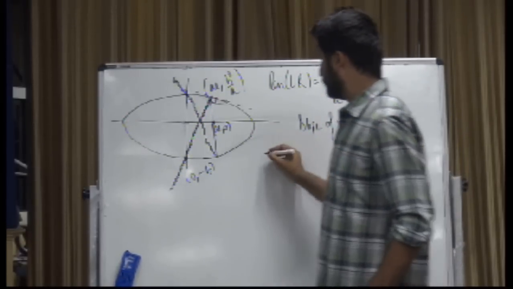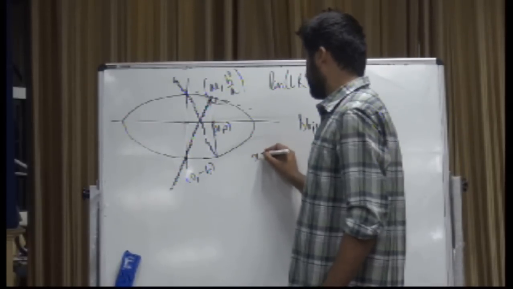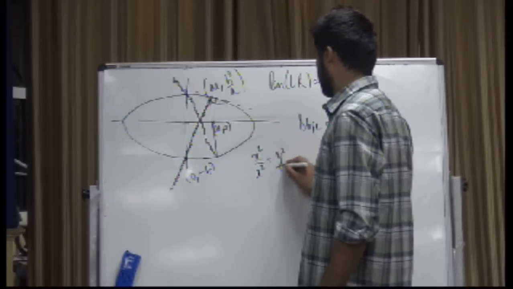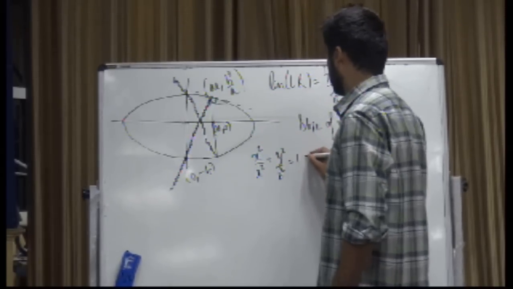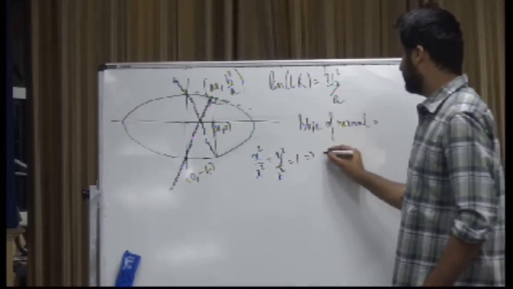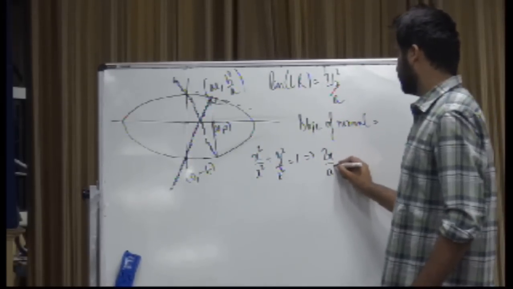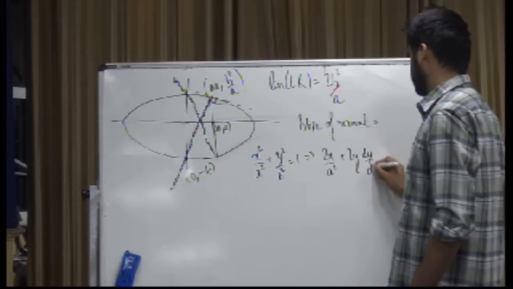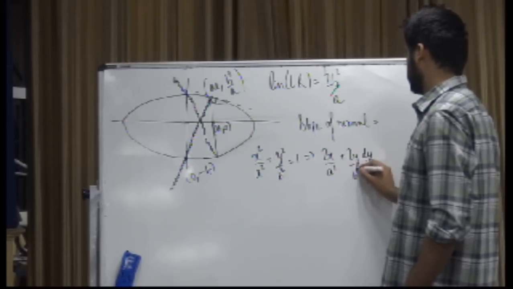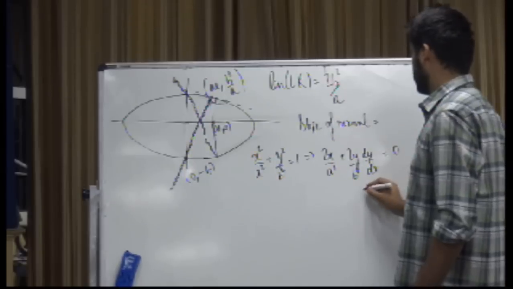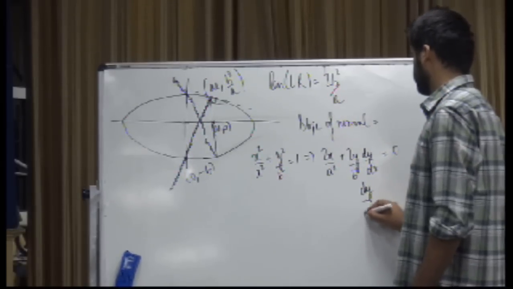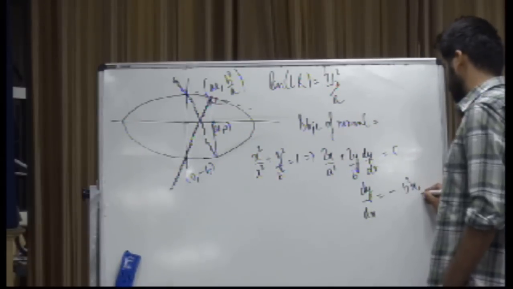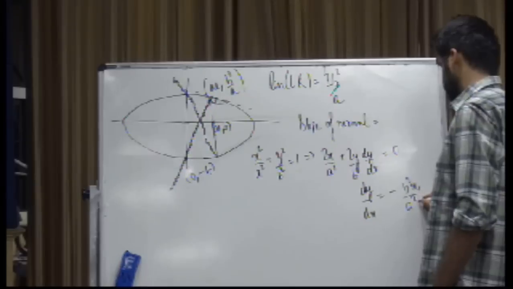Let's suppose the equation is x square upon a square plus y square upon b square is equal to 1. If you differentiate this, you will get 2x upon a square plus 2y upon b square dy by dx equal to 0. So dy by dx is minus b square x upon a square y.